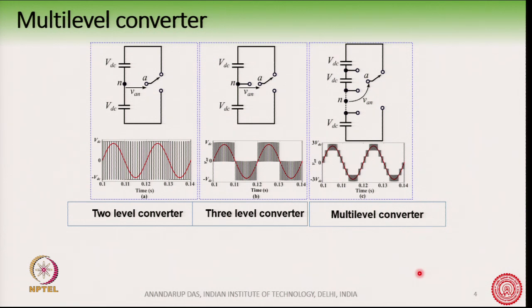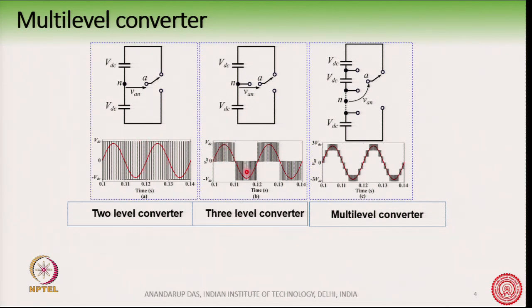So, therefore, now the sine wave which we wish to produce, which is shown by this red curve here, if we compare that sine wave with the black waveform, which is the instantaneous pole voltage, and we compare it with this waveform of the 2 level converter, we see that the instantaneous error in this waveform is less as compared to the instantaneous error obtained here.